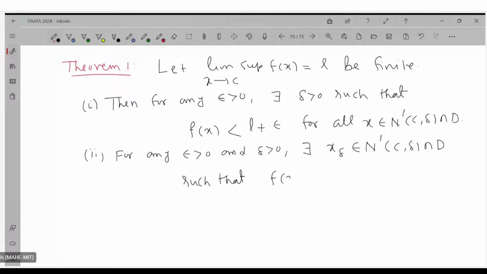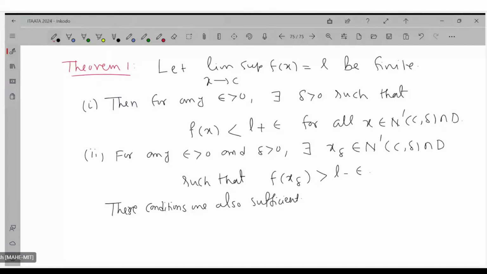And these conditions are also sufficient. So if we have a limit and the limit is finite, then these two conditions hold, and if these two conditions hold for a particular value of L, then the lim sup will be L, and that's a finite number.